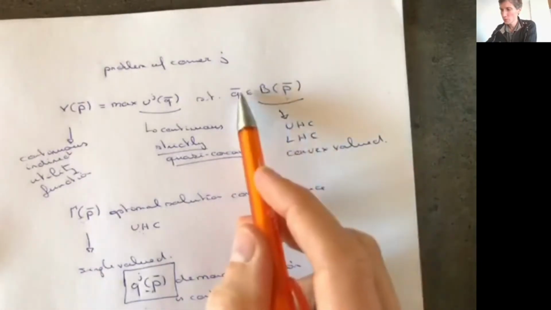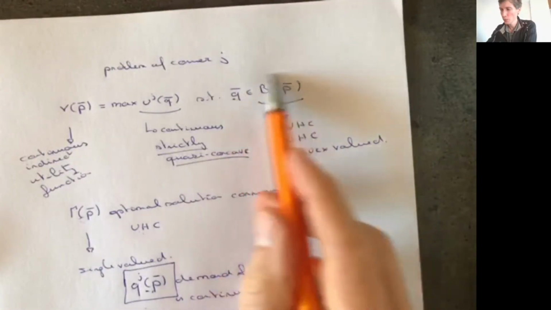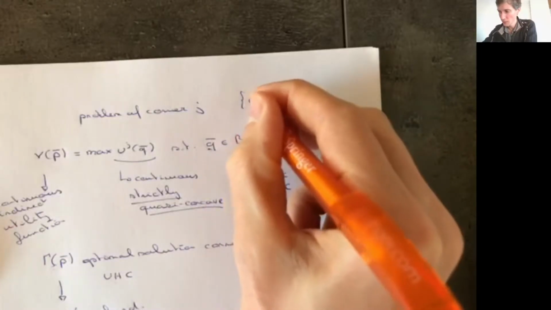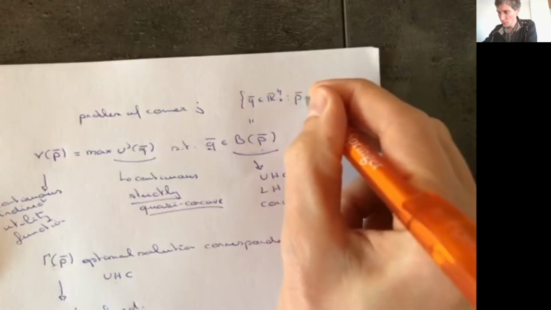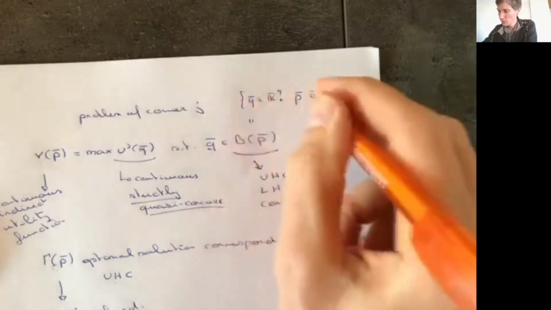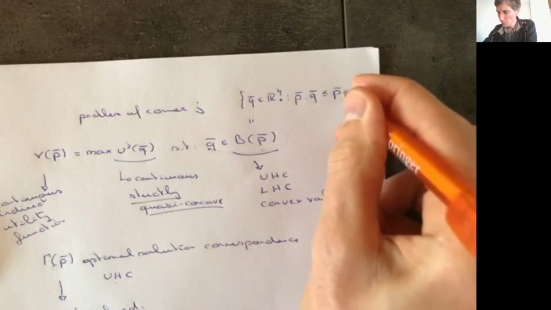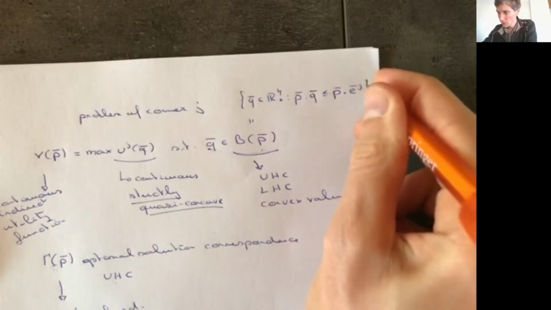Okay, so what's the intuition behind this result? Well, we know that the optimal bundle should be in the budget set, right? And remember that this is the set of all bundles such that P times Q is less or equal to P times the endowment.